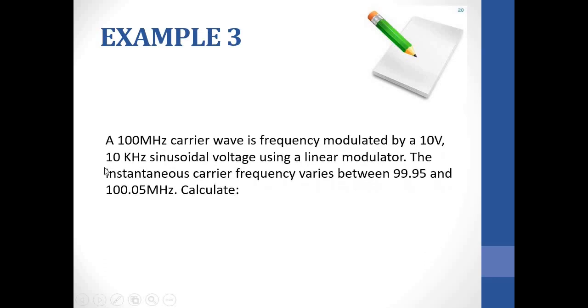So here we're given an example. We're given a carrier of 100 megahertz that is frequency modulated by 10 volts, 10 kilohertz. This is the amplitude, and this is the modulating signal frequency, FM.